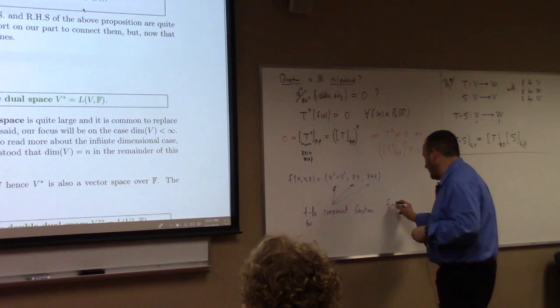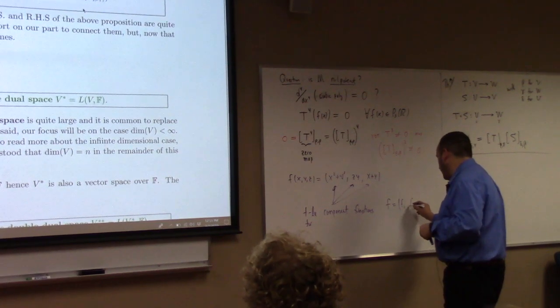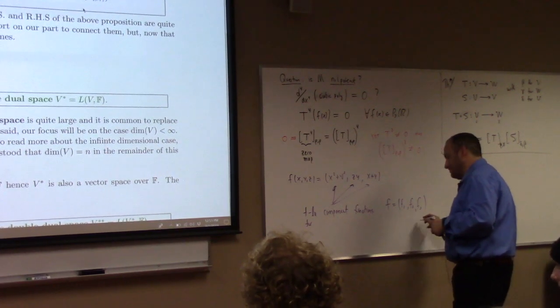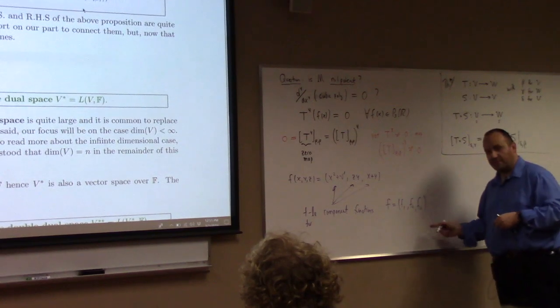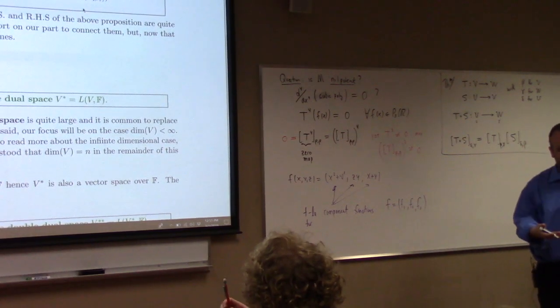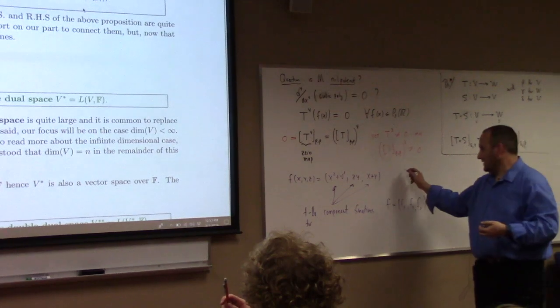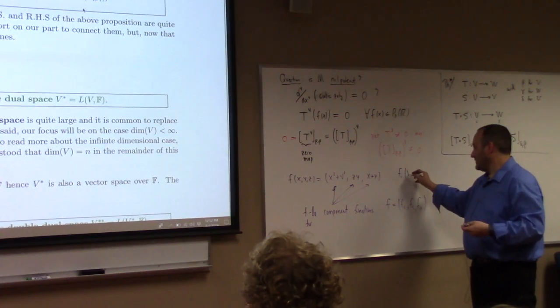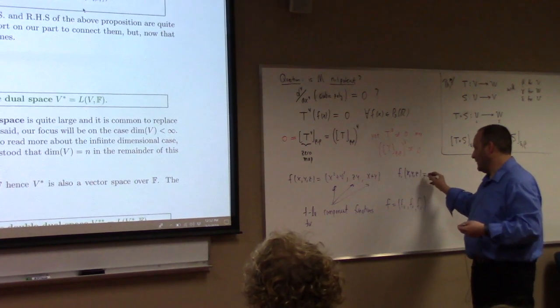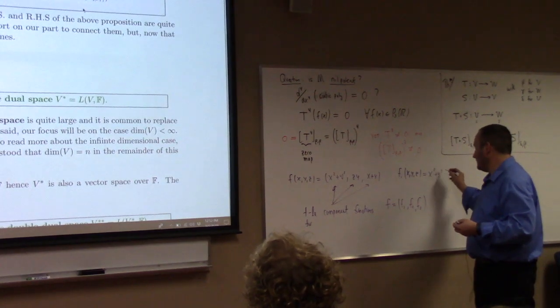You could write f as equal to f1, f2, f3, where f1 and f2 and f3 are the component functions to f. Like specifically f1 of x, y, z is equal to x squared plus y squared.